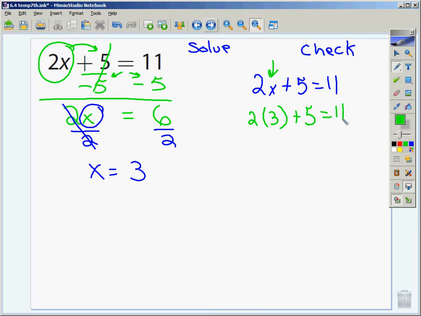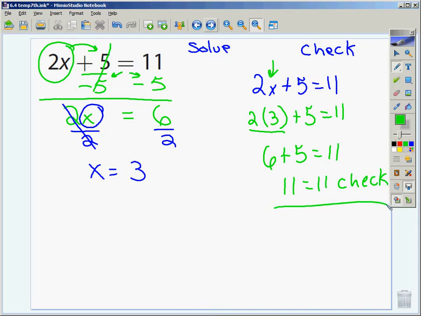And I want to make sure both sides come out exactly the same. I have to do the 2 times 3 first. That's 6 plus 5. And what is 6 plus 5? 11. So I know that I came up with the right answer because my answer checks.